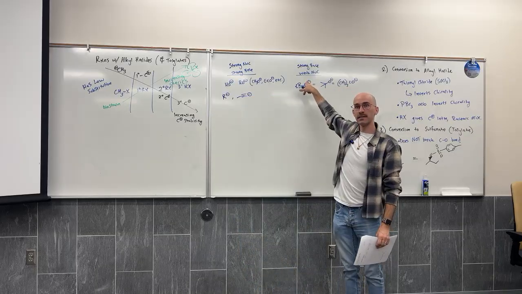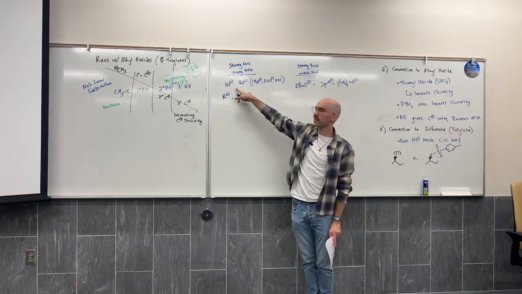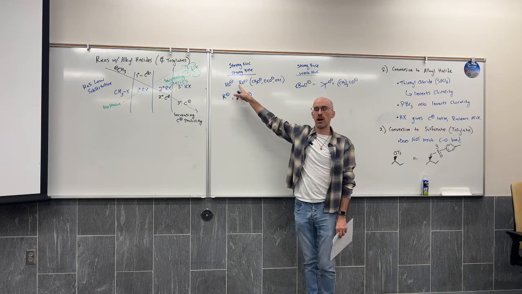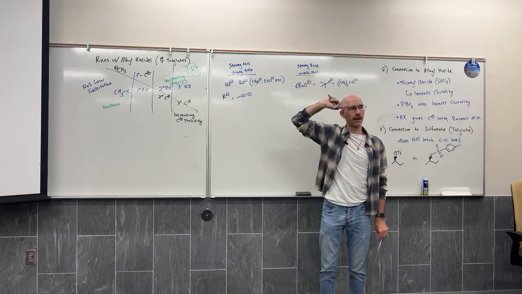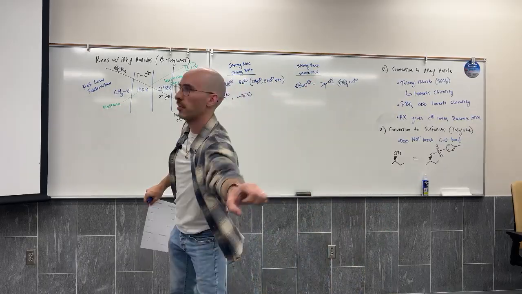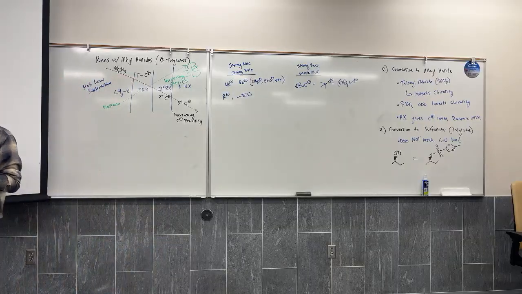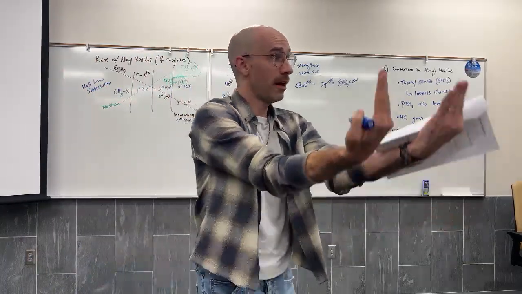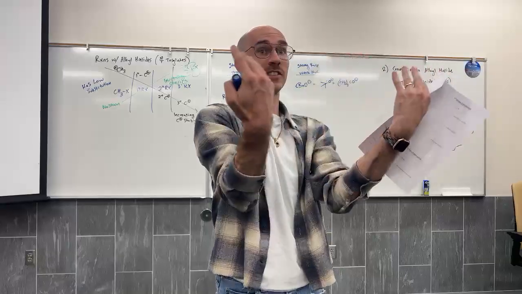Why is this a good base? Well, it's exactly the same as hydroxide and alkoxide. It's just a negatively charged oxygen. Why is it a bad nucleophile? To be a base, all you have to do is reach out and grab a hydrogen and go away. But to be a nucleophile, you have to form a bond, donate electrons, and then stick around.